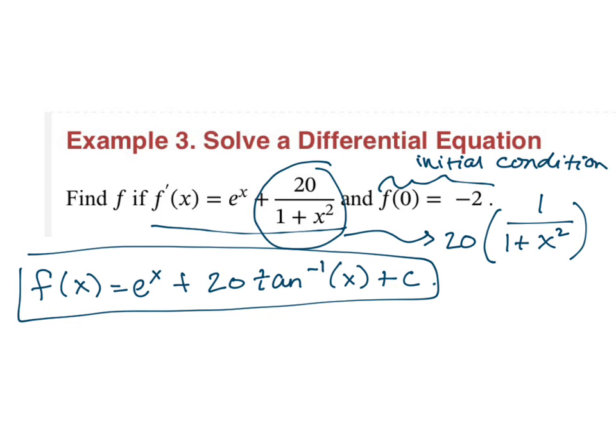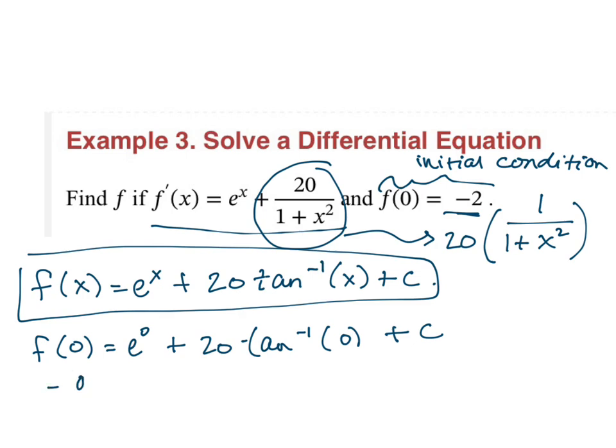We have a c, but we have an initial value. But watch. They say f of 0 equals negative 2. How do I know that's c? It might not be c. It's what happens when x is 0. So f of 0 is negative 2.